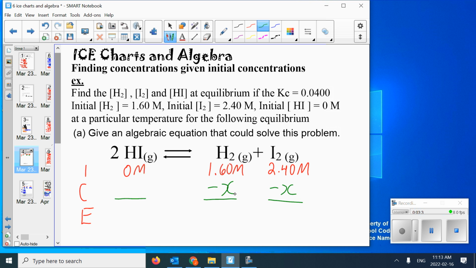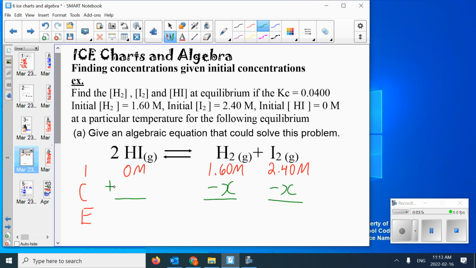So if I lost decimal 4 on this, I'd lose decimal 4 on the H2 as well, right? I don't know what X is, but I do know that twice as much will be changing on the HI side, right? Because the front balance is 2 times whatever value is subtracted on the right hand side. So I just say 2X.